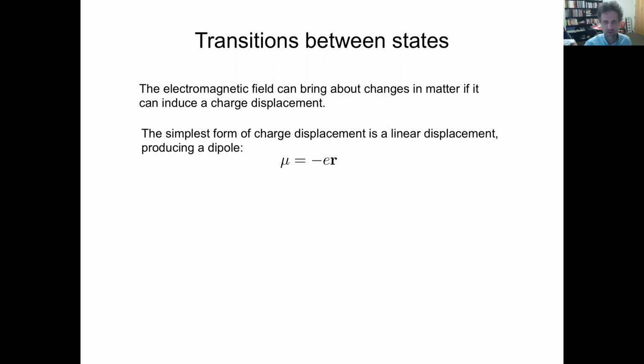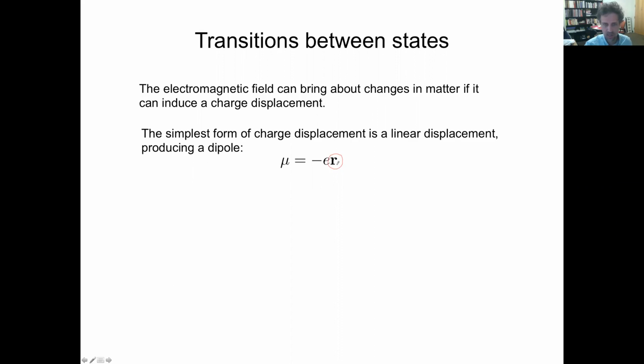Because if the electric field that the photon is moving the charge by a value r away from its equilibrium position, it basically has generated a little dipole, which is proportional to the distance r, how far the electron has been moved by the field, times the magnitude of the electron charge.